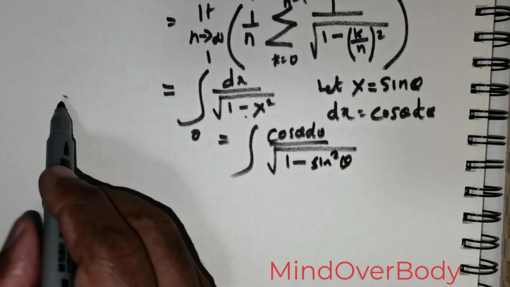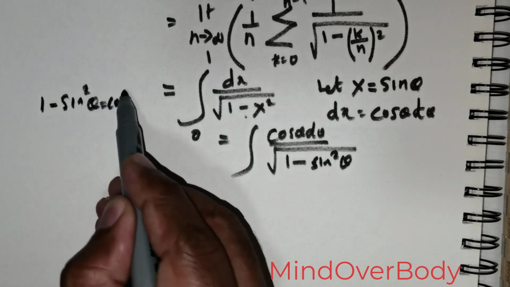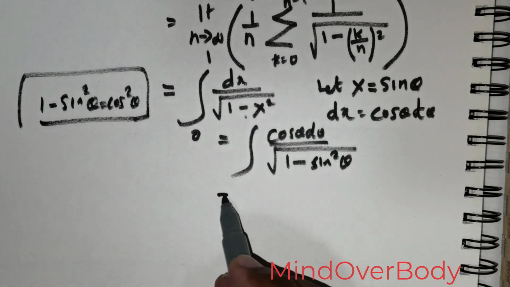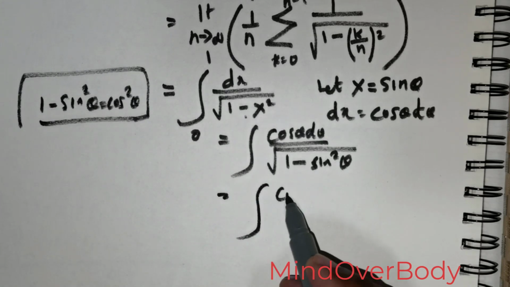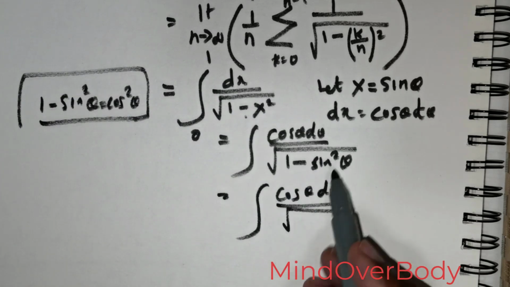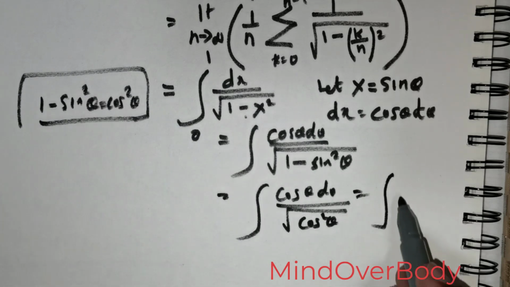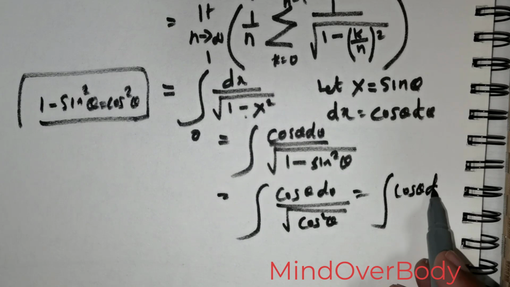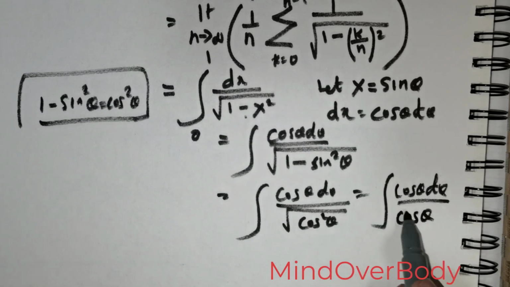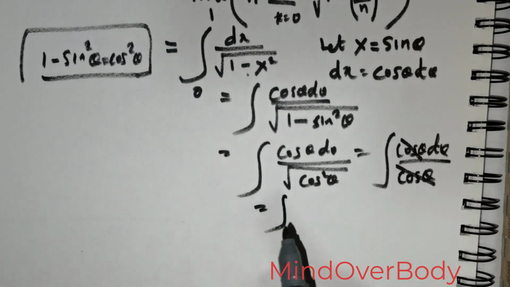We know that 1 minus sine squared theta is equal to cos squared theta, so this is the integral of cos theta d theta divided by the square root of cos squared theta, which is cos theta. Cos theta cancels, giving the integral of d theta.